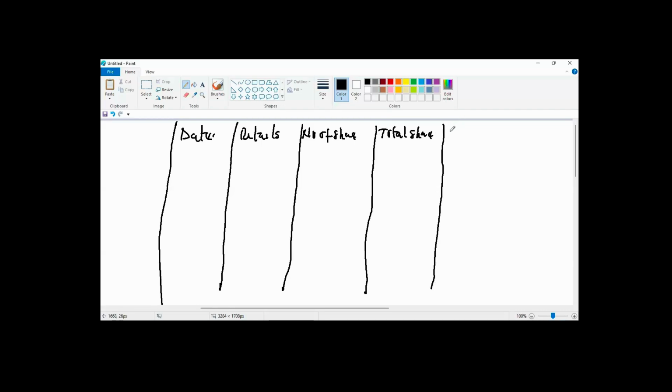I will now say bonus factor, because we only have rights issue. We do not have bonus issue. I will say time factor. Then the weighted.